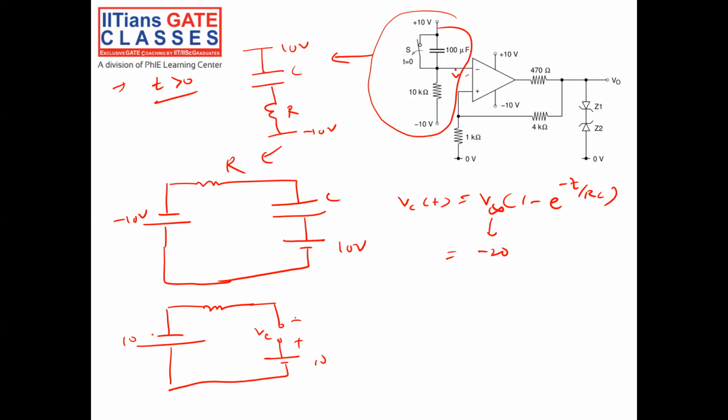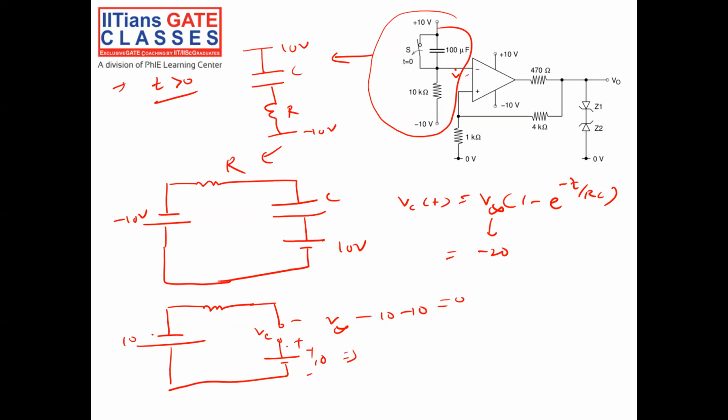So plus to minus, minus to plus means increasing, right? VC. Then plus to minus will be minus 10. V infinity is nothing but the voltage across the capacitor at infinite time: minus 10, again minus 10, equal to 0.